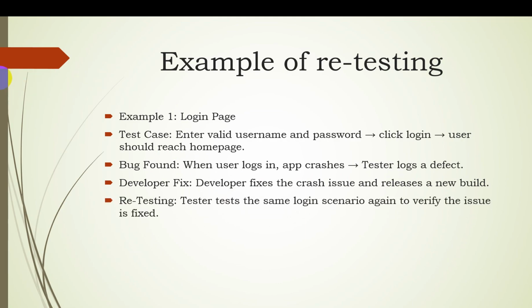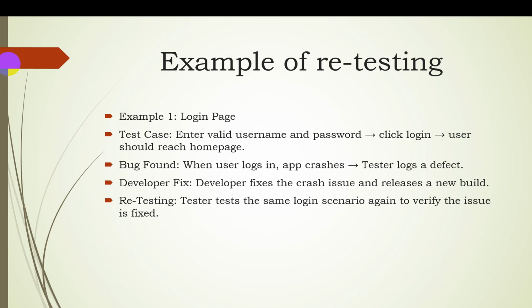So now this is done. The next step is we need to do the retesting. As part of the retesting, the tester tests the same login scenario again and verifies whether the issue is fixed or not. Whatever steps he performed when he identified the defect, he will perform all those steps again with the application and try to reproduce that issue. If it is not reproducible, then we can say the defect is fixed and our application is working as expected.